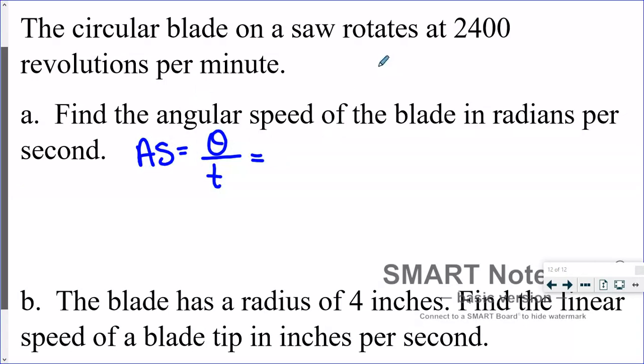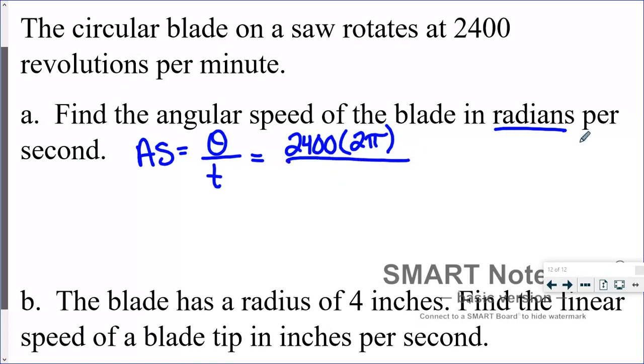Now it says that this thing goes 2,400 revolutions per minute. So 2,400 revolutions in radians. What is one revolution? 2 pi. So we're doing 2,400 times that 2 pi per minute.